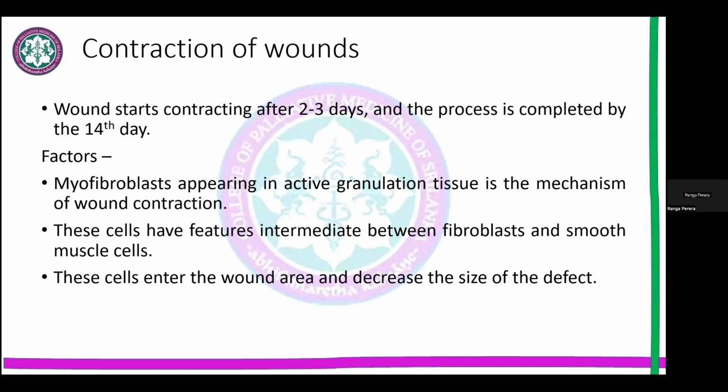After about 2-3 days, the wound is completely filled by this granulation tissue, following which within the next 2-3 weeks, the myofibroblasts will come there and the wound gets contracted, and the two edges will come together slowly by this process of fibrous contraction.